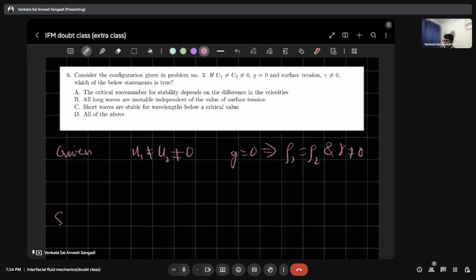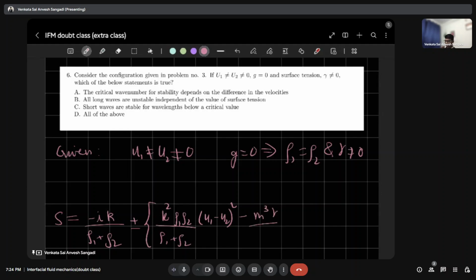So again we'll write down S, which is equal to minus ik by rho 1 plus rho 2, plus minus the square root of k square rho 1 rho 2 by rho 1 plus rho 2 times u1 minus u2 whole square, minus mg. So the gravity term drops out, and we are left only with m cube gamma by rho 1 plus rho 2, whole power 1 by 2.